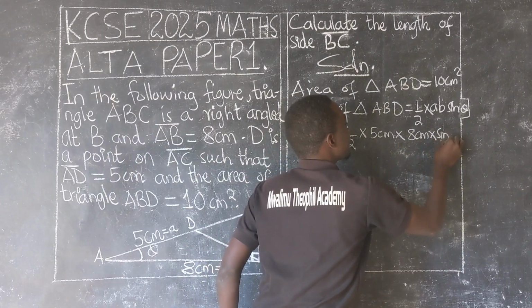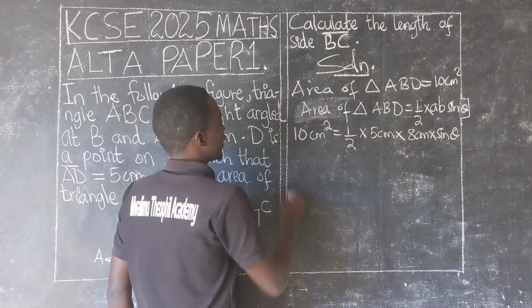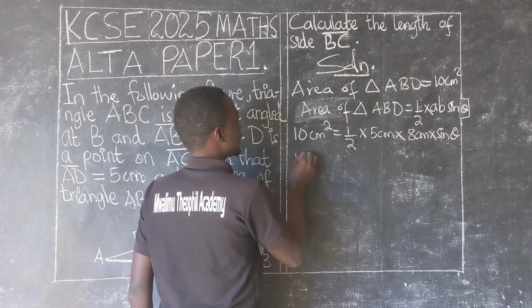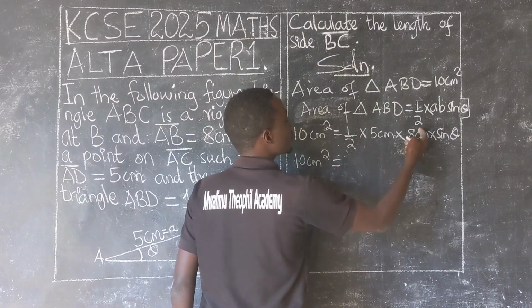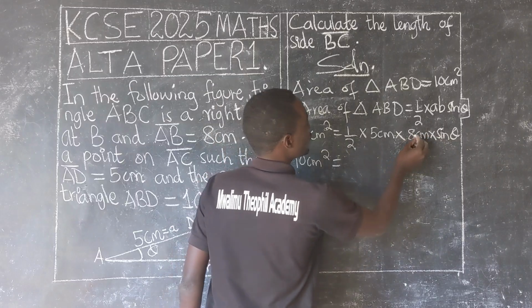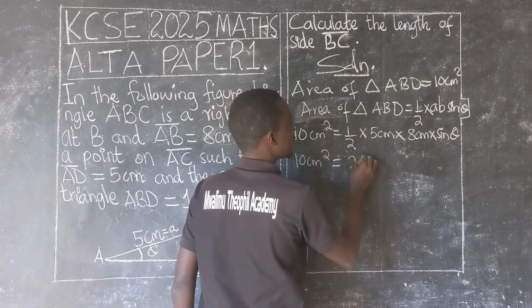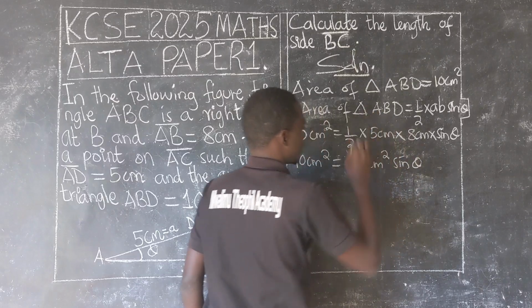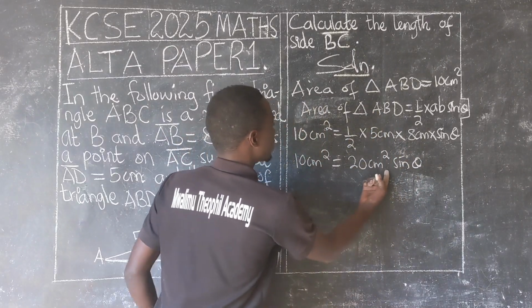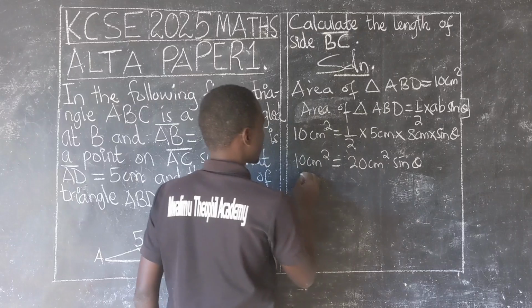times sine theta. After that, you're going to get 10 cm square is equal to 8 into a half, we get 4. So here we are going to have 4 times 5, 20 cm square, times the sine of angle theta. Now we are going to divide by 20 cm square to have sine of angle theta.